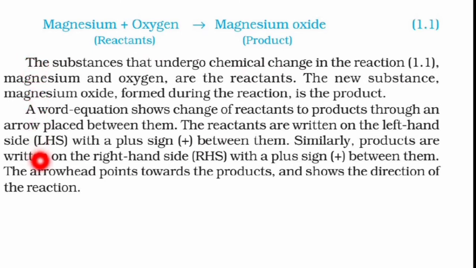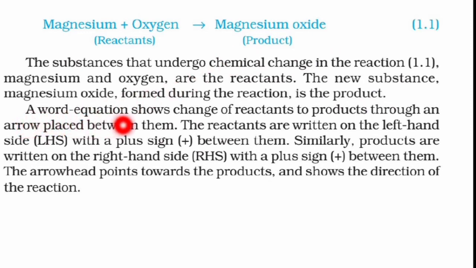So here is a rule for writing a chemical equation. The substances that undergo chemical change in reaction 1.1, that is magnesium and oxygen, are the reactants. The new substance, magnesium oxide, formed during the reaction is the product.